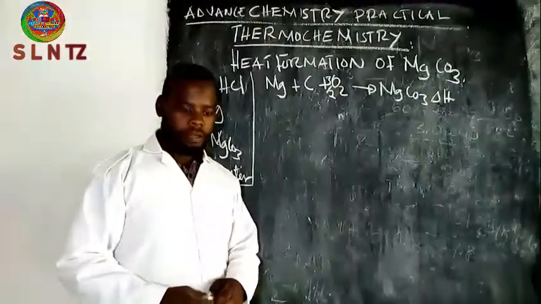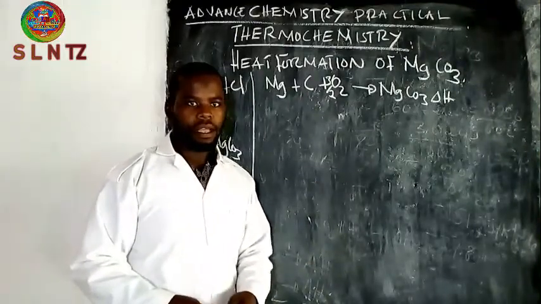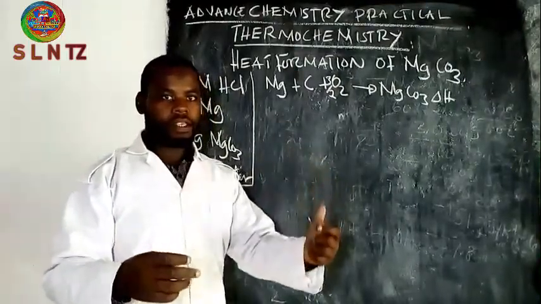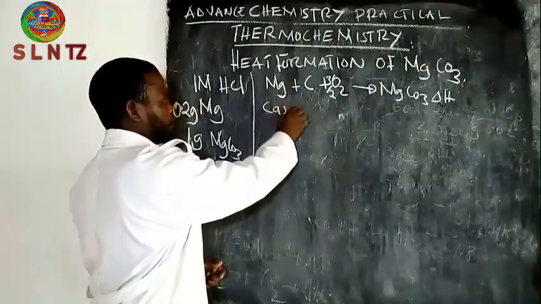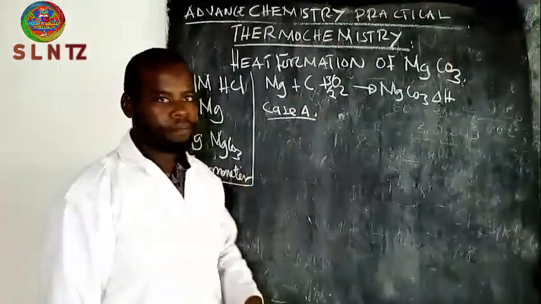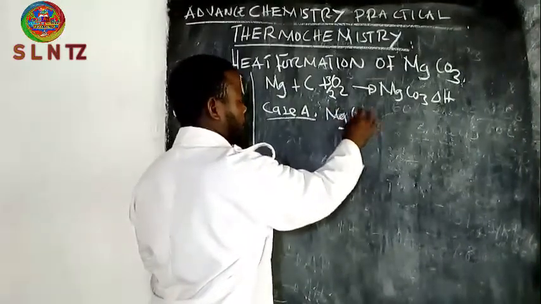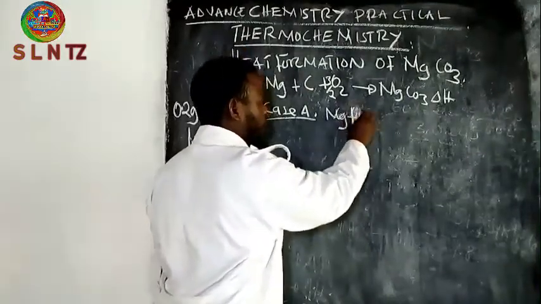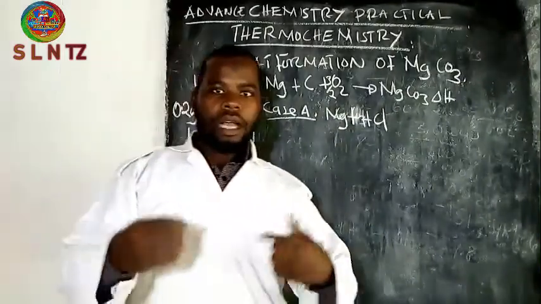We go to the procedure. How to perform this experiment? The experiment has 2 cases. We have the first case and the second case. Case A, we are going to use magnesium metal. Magnesium metal reacts with hydrochloric acid.